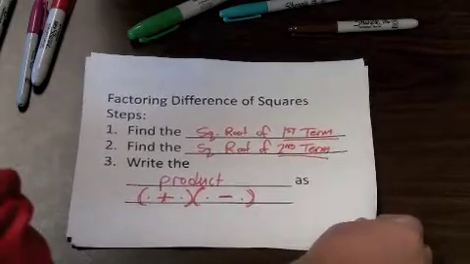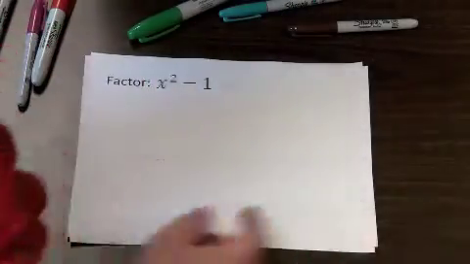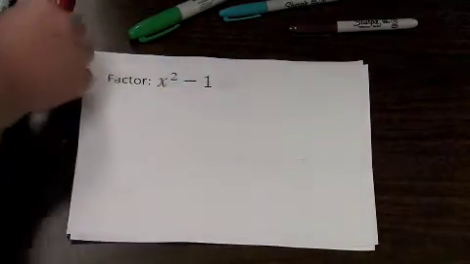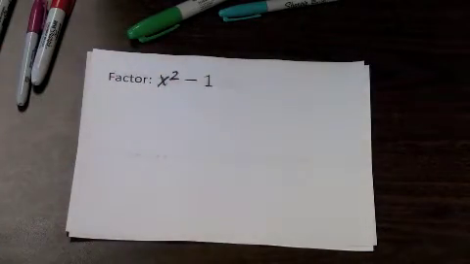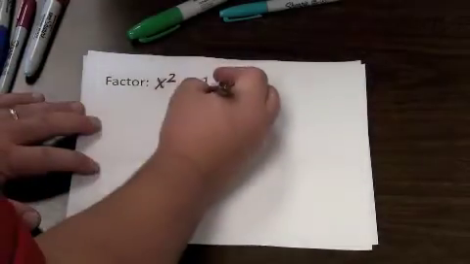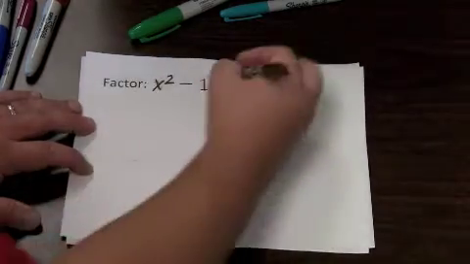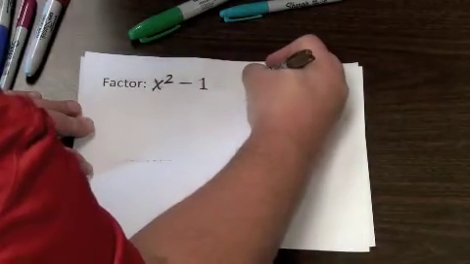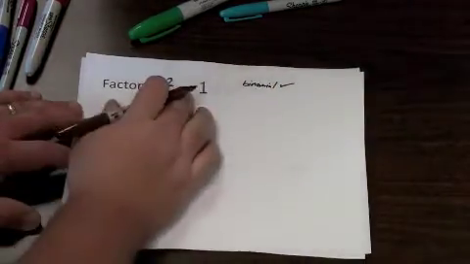So let's look at some examples. You've got 6 examples at the bottom. The first one states x squared, it's kind of fuzzy on this paper, but x squared minus 1. Looking at my checklist, it says it must be a binomial. It is a binomial, so the first check is good. Second thing says it must be a difference.